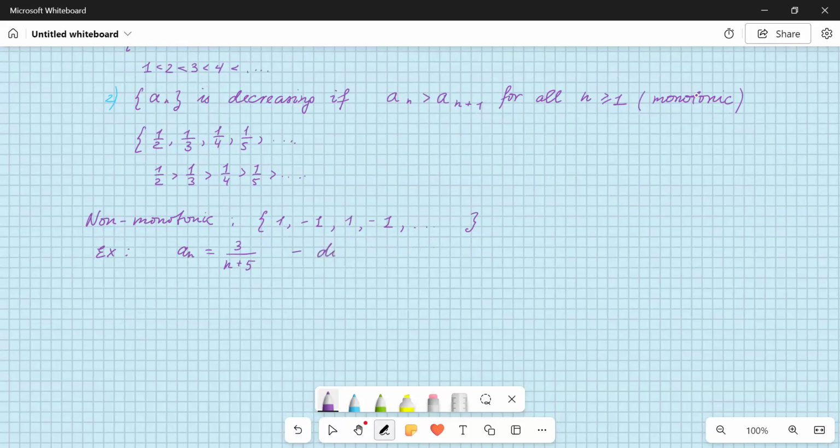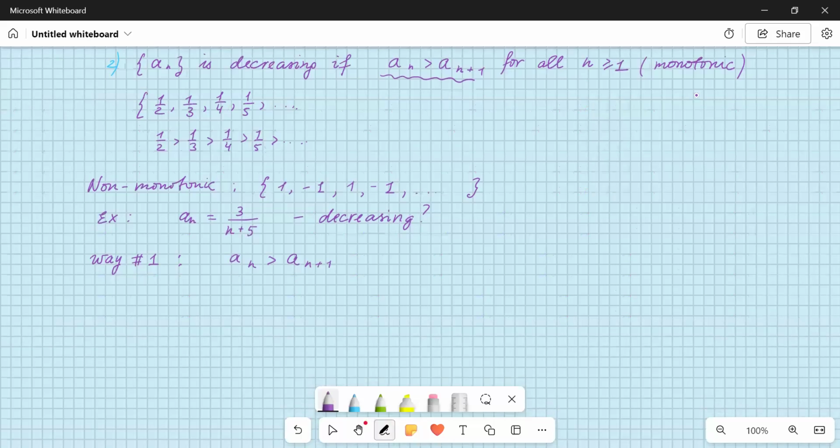So I'm going to ask a question. Is it decreasing? How can we show that the sequence is decreasing if it's not obvious? There are two ways to do this. Way one: we can literally prove the inequality of a decreasing sequence, that element a_n is greater than element a_n plus 1 in general.